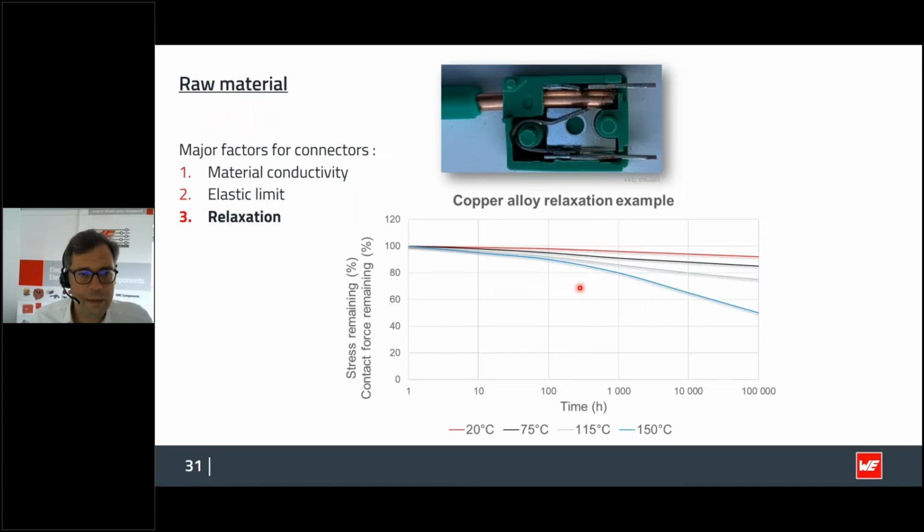And over time, and also by applying certain temperatures, you get relaxation. That means the punched contact wants to go back to its original shape, and therefore you lose contact force on the material, as shown over here.